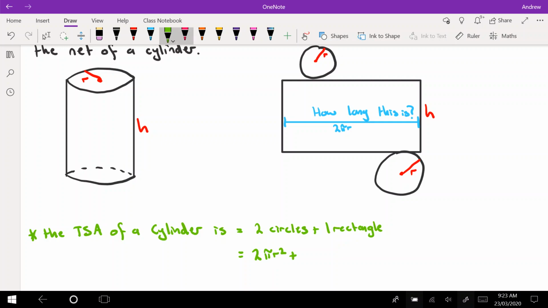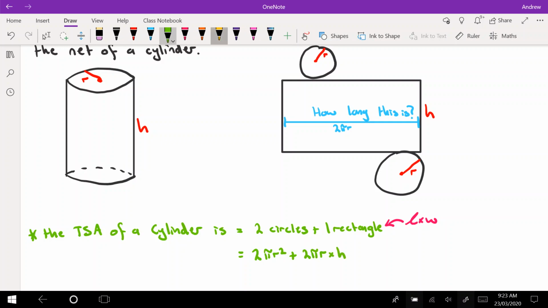And then we just said that the area of a rectangle is length times width. Well, what's the length of my rectangle? The length of the rectangle is the circumference of the circle, so 2 pi r. And then times the height.